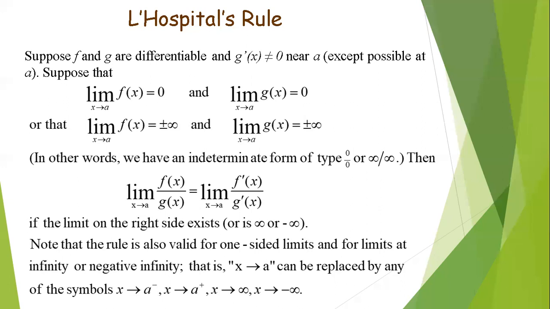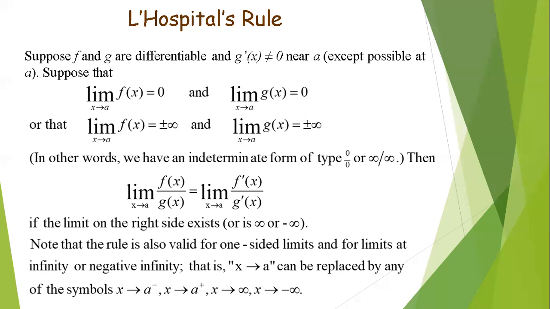In other words, we have an indeterminate form of type 0 over 0 or infinity over infinity. Then the limit as x approaches a of f(x) over g(x) equals the limit as x approaches a of the derivative of f(x) over the derivative of g(x).